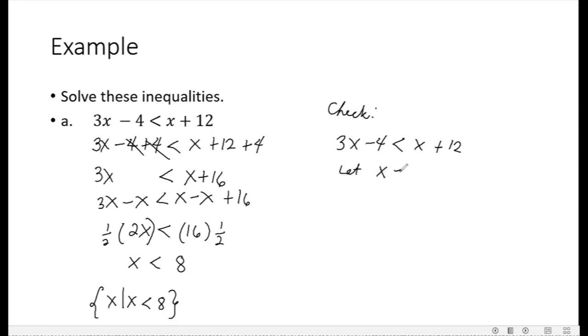Let x equal 0. Since 0 is less than 8, we can apply that. So, 3 times 0 minus 4 less than 0 plus 12. 3 times 0 is 0 minus 4, and that is negative 4, less than 0 plus 12 is 12. And it is true because negative 4 is less than 12. So, verified.